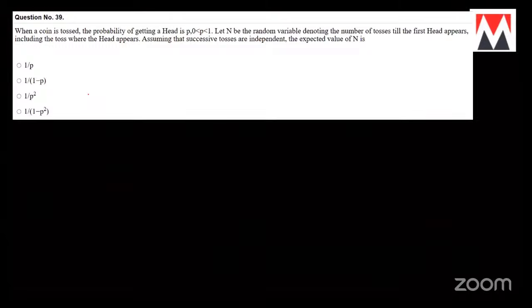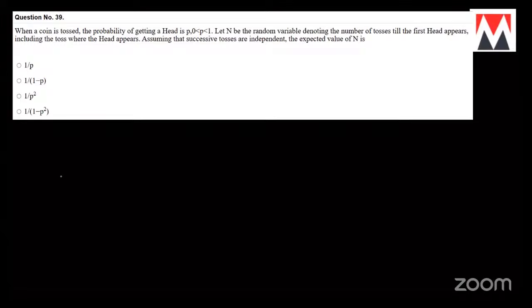A coin is tossed. The probability of getting head is p, where p is between 0 and 1. N is a random variable denoting the number of tosses till the first head appears, including the toss where head appears. Assuming successive tosses are independent, the expected value of n is. Okay, it's a good question. So he is asking, the probability of getting head is p.